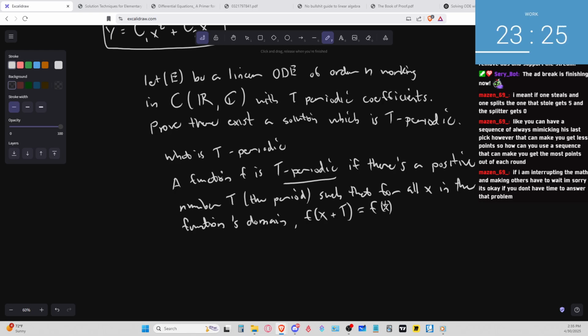In other words, the function's value repeats itself exactly after an interval of length T. Ooh. So it doesn't matter what you add to it, you basically will get the same result, f of x.